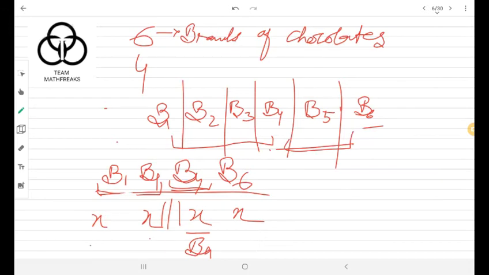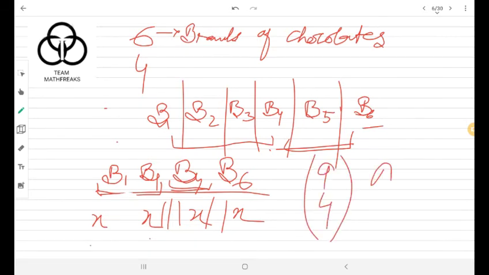Two gaps are there, two lines are there, demarcating the boxes. So now how many positions are we getting? 1, 2, 3, 4, 5, 6, 7, 8, 9. And we are choosing 4. 9 choose 4. This is our answer.